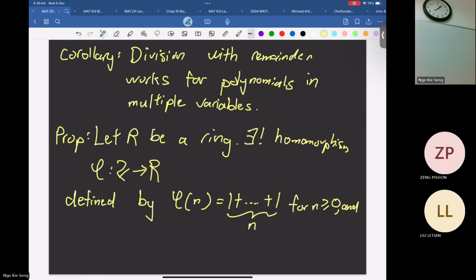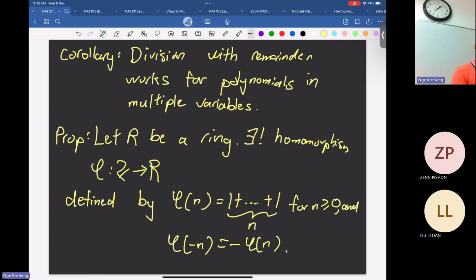Make sense? Every operation on the right makes sense in any ring, so I can always do this. How about negative n? I just take the negative of φ(n), the inverse.